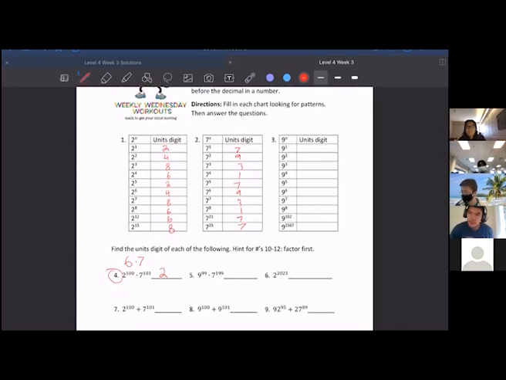So real quick, before we go on to the next problem, you should probably do the box 3 for the 9 exponents. So if you want, you could just start typing them out.